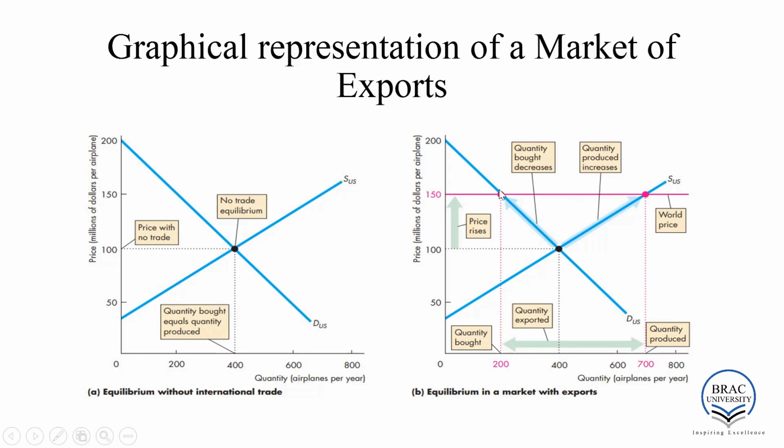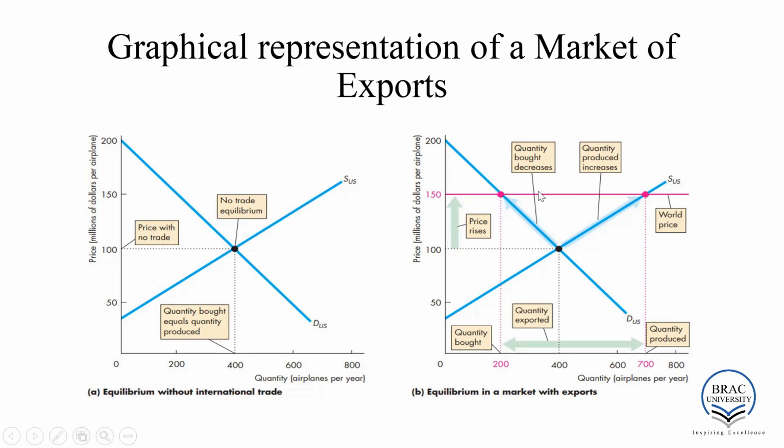The quantity bought at this price is 200 airplanes per year, but the quantity sold at this price is 700 airplanes per year. So we can see the amount of quantity that is produced is much larger than the quantity that is bought by US.